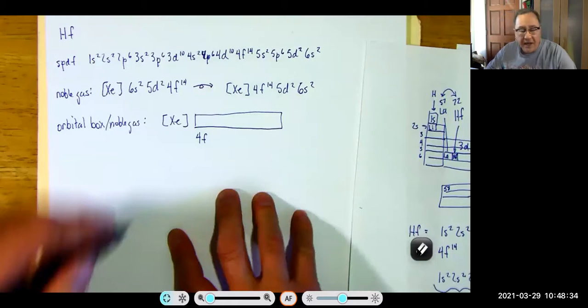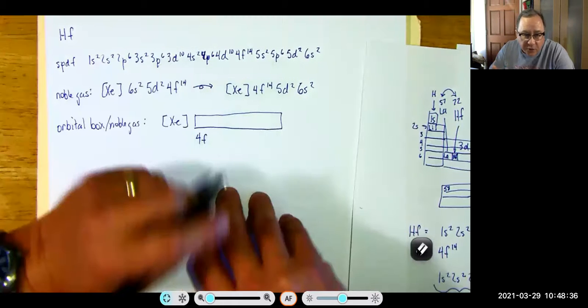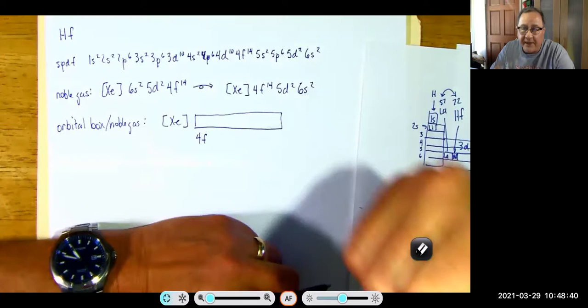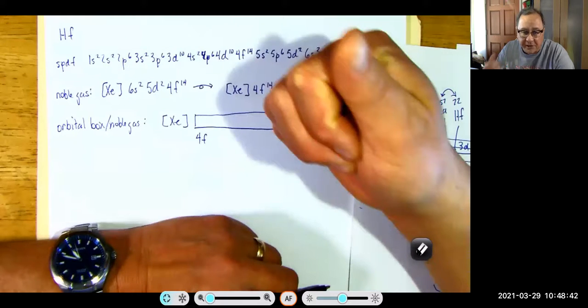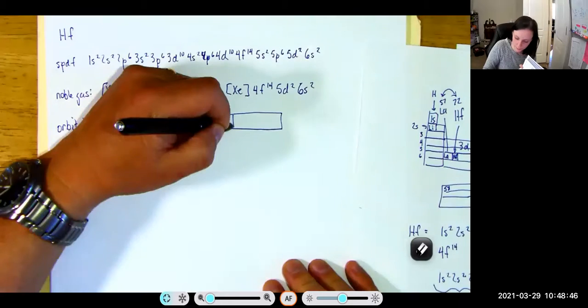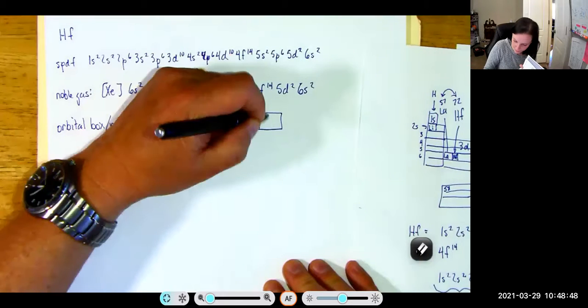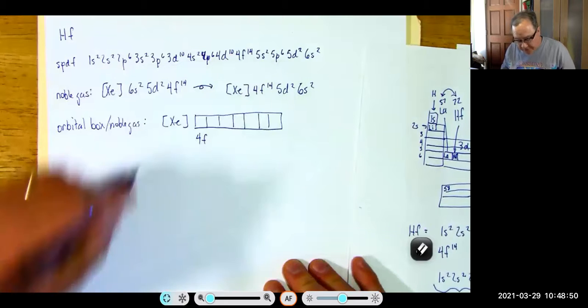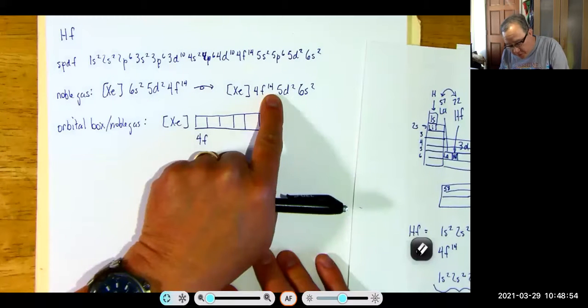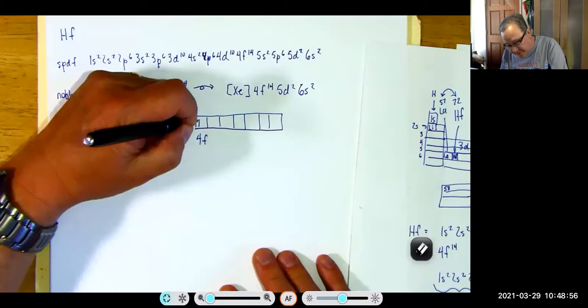If you remember, f stands for 3. 3 means -3, -2, -1, 0, +1, +2, +3 for 7 orbitals. So here's my 7 orbitals. These 14 represent electrons, and you put them into these orbitals like this.